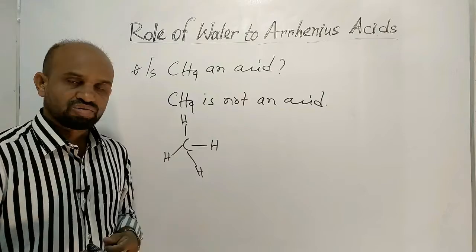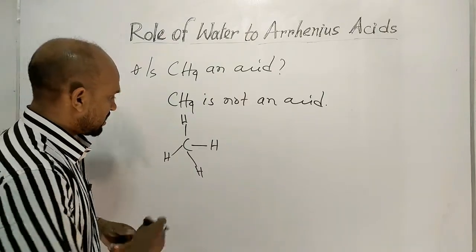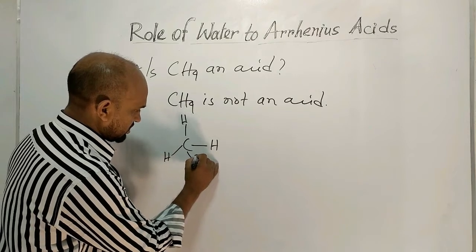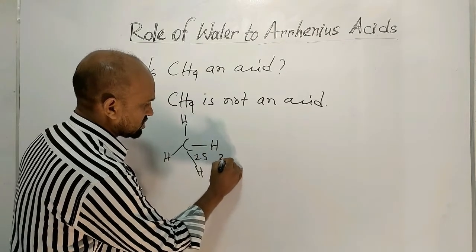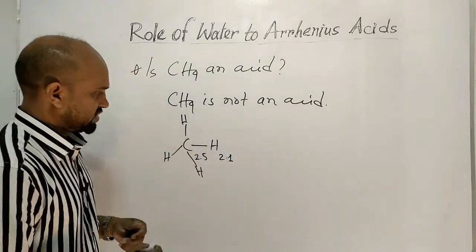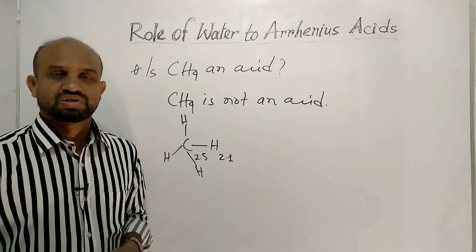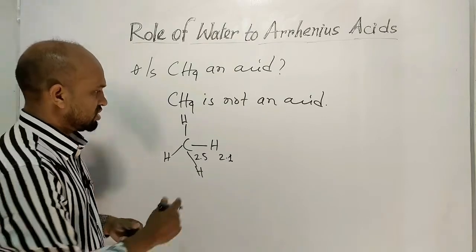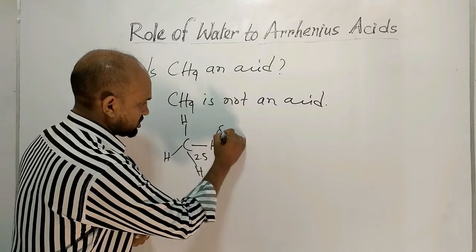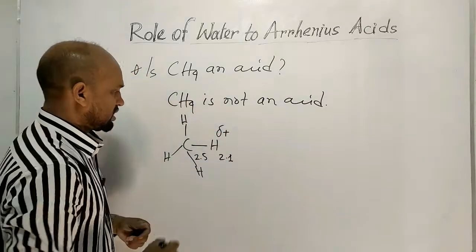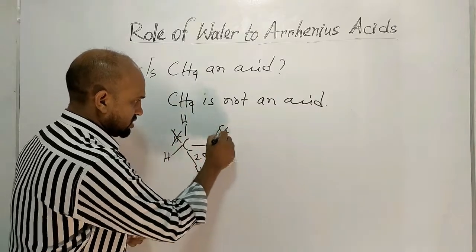It is surrounded by hydrogen atoms symmetrically, and the electronegativity of carbon is 2.5, hydrogen is 2.1. That means electronegativity difference is very less, almost negligible. That is why hydrogen doesn't get positively charged and carbon doesn't get negatively charged.